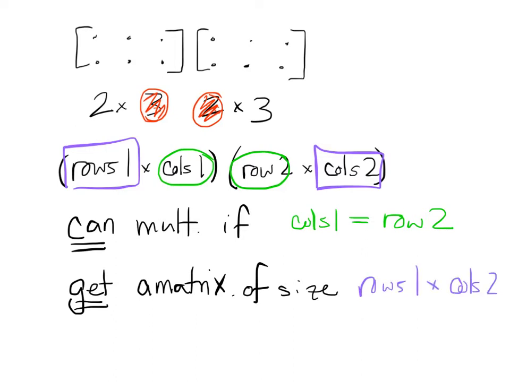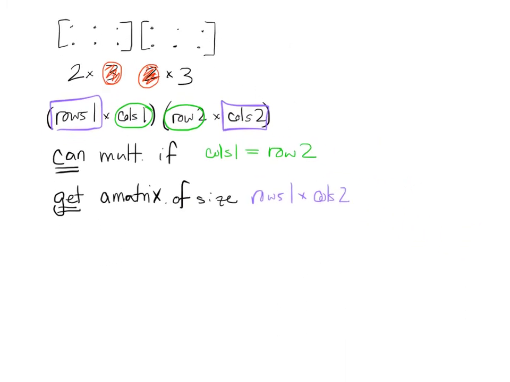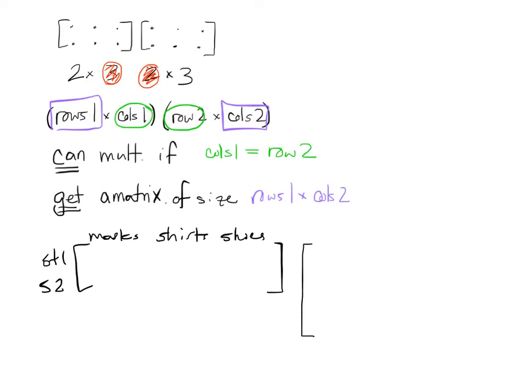So remember, the intuition behind this was evident in our stores example. Do you remember how we had prices? We had store 1, store 2, and then we had prices of masks, shirts, and shoes, right? And we were multiplying this by you and your sister.